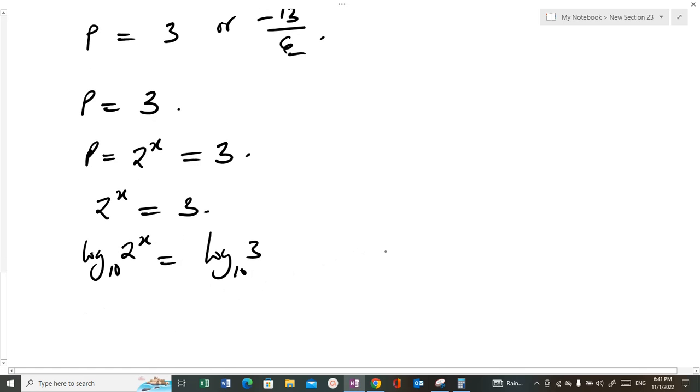And according to the law of logarithm, log of b to the power x base a is the same thing as x times log b base a.